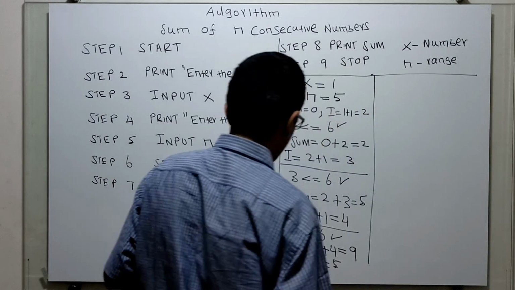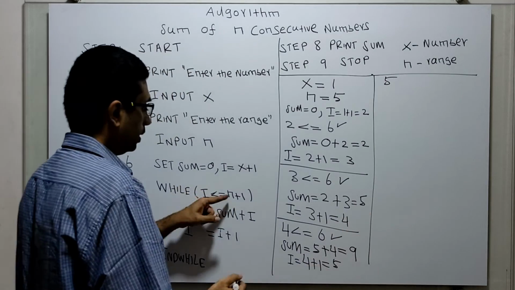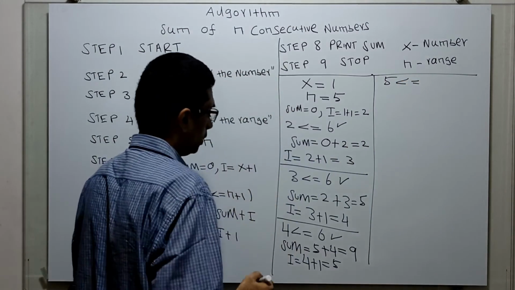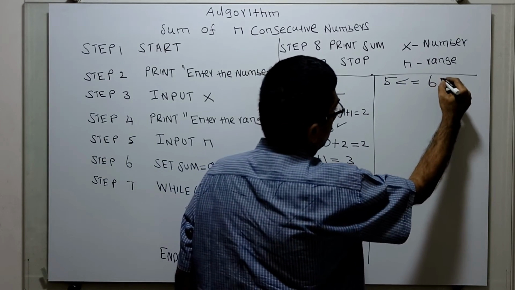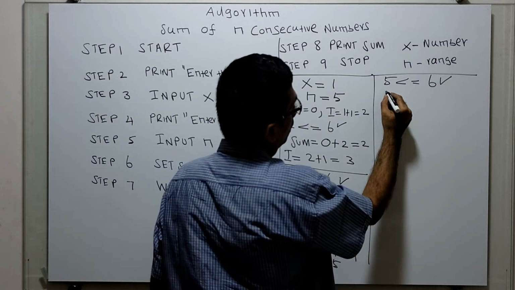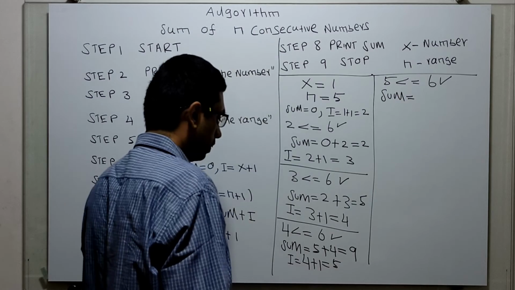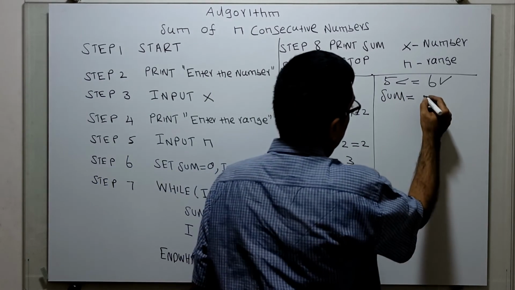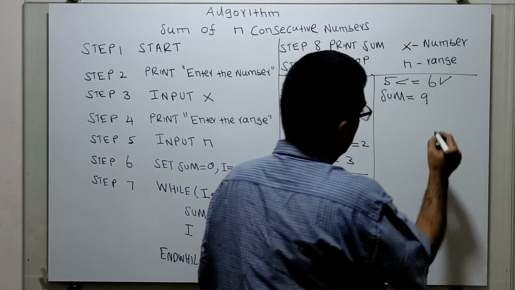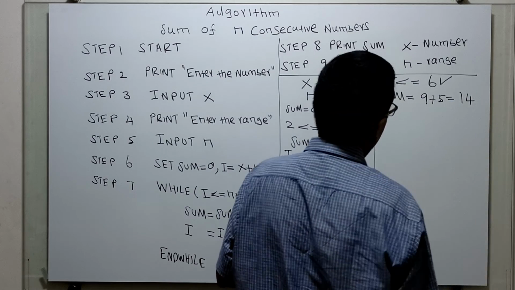Next iteration, I am checking I value 5 less than or equal to n plus 1, which is 6. The condition is true. Sum equal to sum plus I. Sum equal to the existing value of sum, 9, plus the value of I, 5, which is equal to 14.